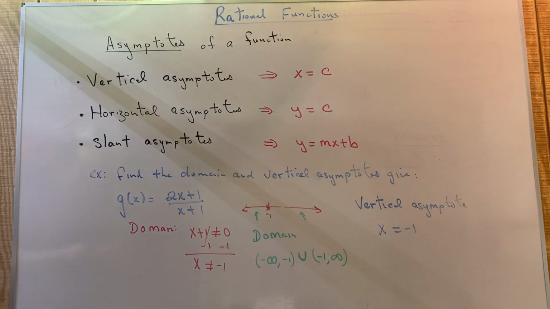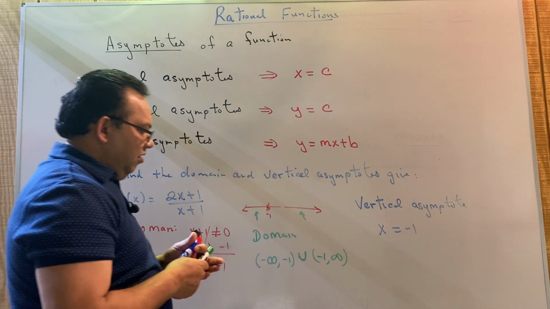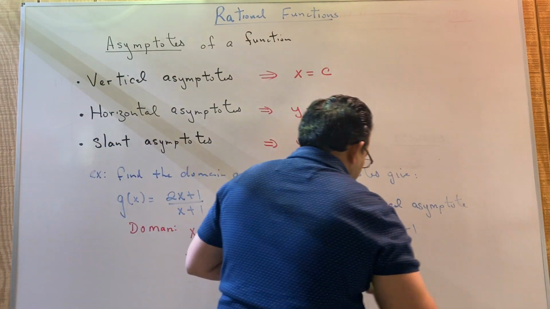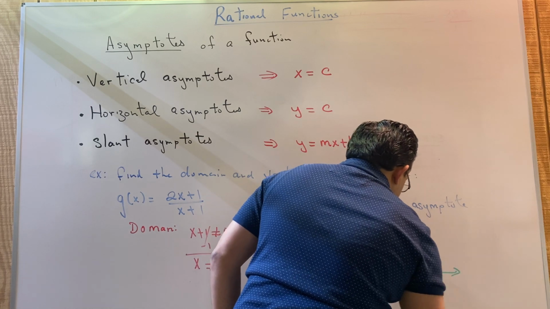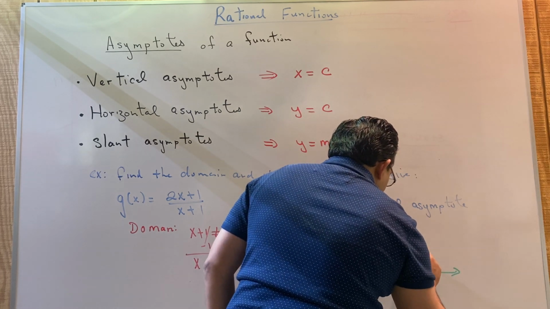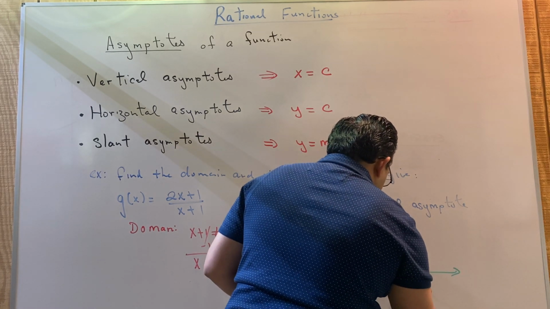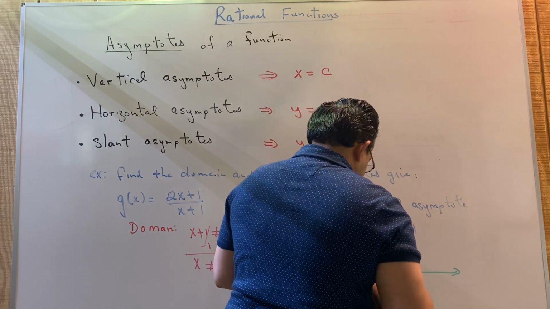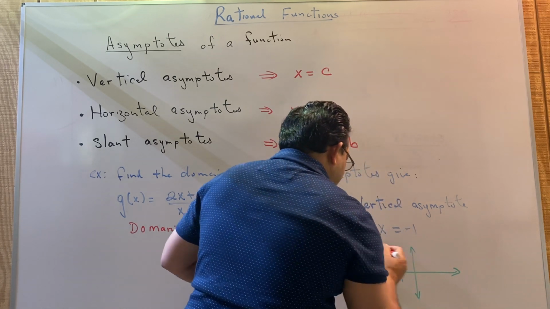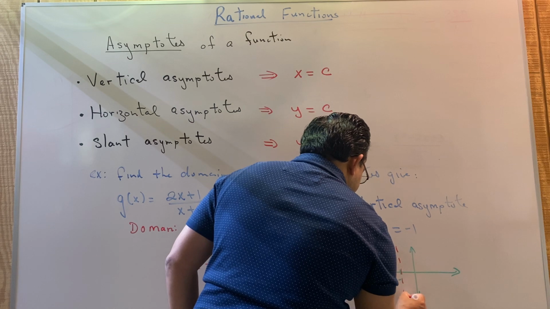If you look at the graph of this function, at x equal to negative 1, you will have a vertical line that's broken.